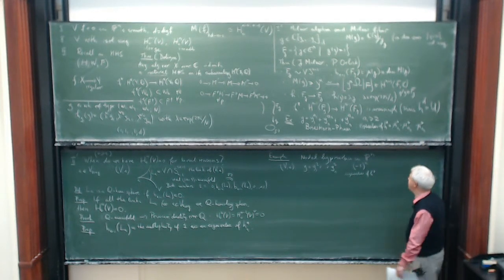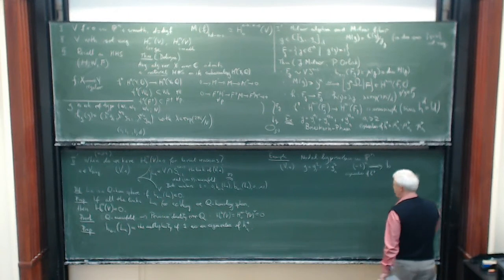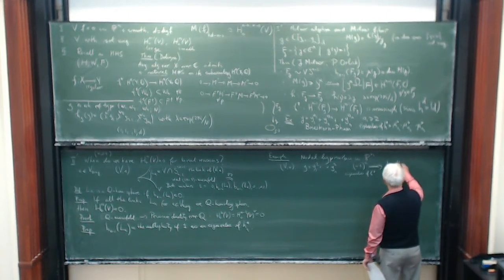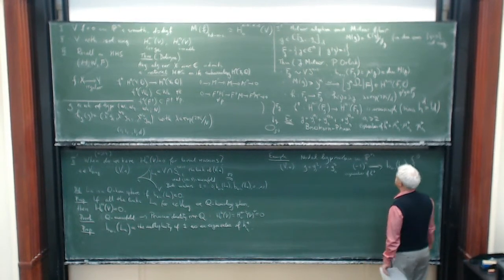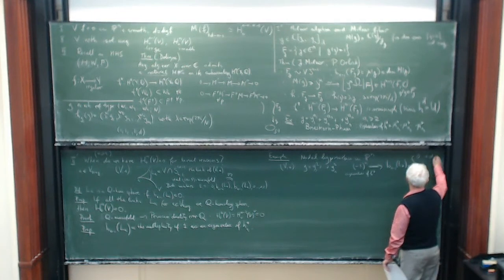And now you see that this implies that the corresponding Betti number for a node is 0 when n is odd, and is 1 if n is even.